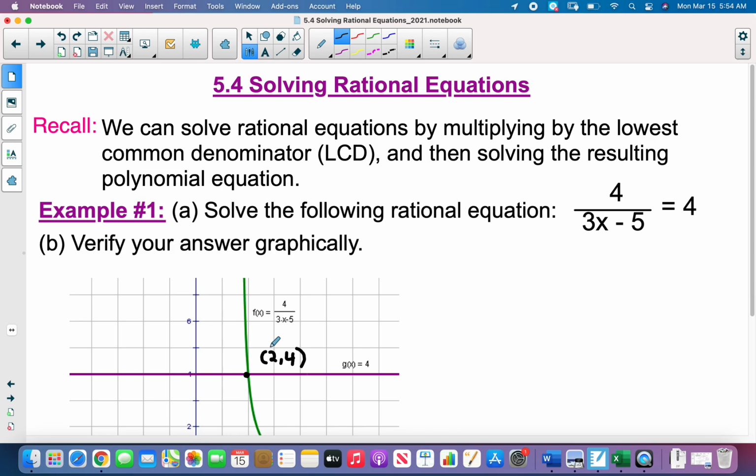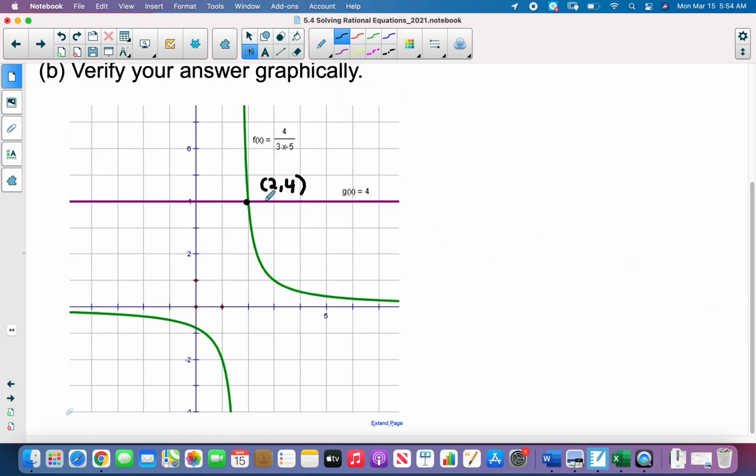But we are going to do it algebraically always, I just wanted to show you graphically what that looks like. So our rational equation is 4 divided by 3x minus 5 equals 4. You can multiply both sides by 3x minus 5 to eliminate the denominator.